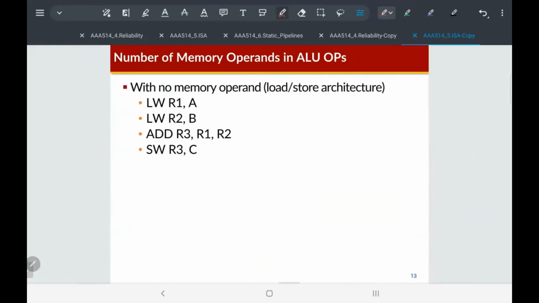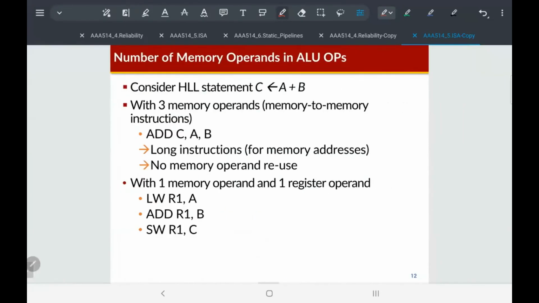So this is another example of memory operands with different types of instructions. Think like this.